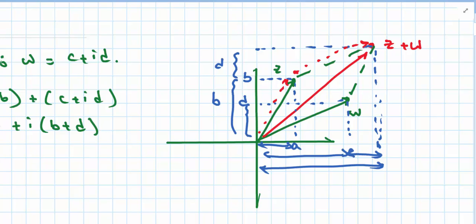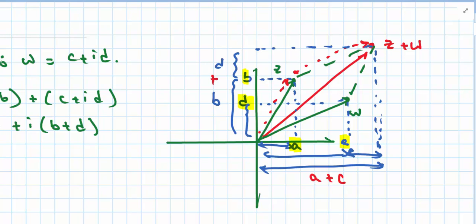When we do a vector addition, we're just taking the real values of a and c and adding those two together, and we're taking b and d and adding them together to find the position of the new vector.